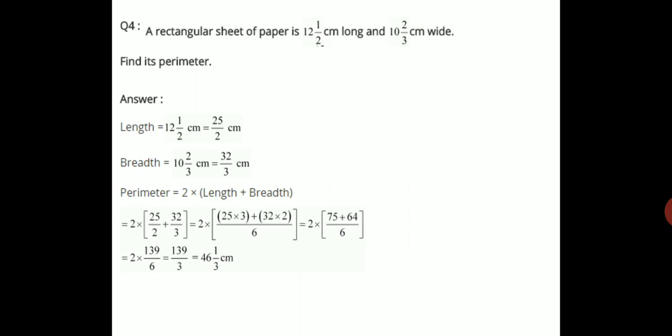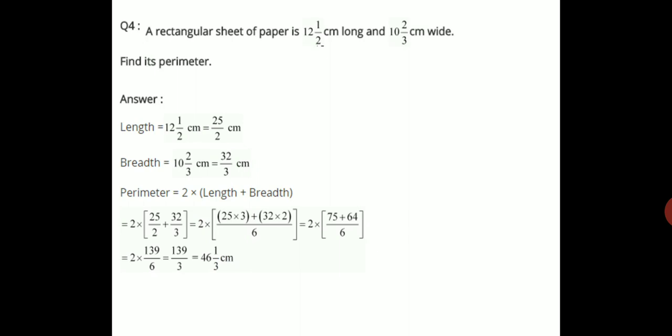now equal to, we will do the calculation again. Here again we will take LCM of 2 and 3, the answer is 6. So you have to multiply here 25 by 2 with the 3. So you can see 25 multiplied by 3, and here 32 by 3 with the 2, sorry. So it comes 32 multiplied by 2.